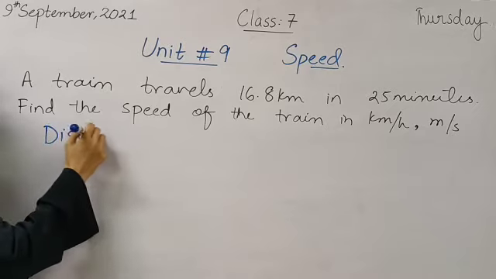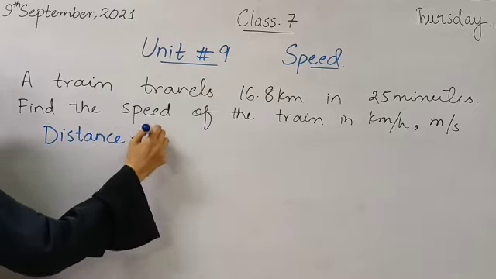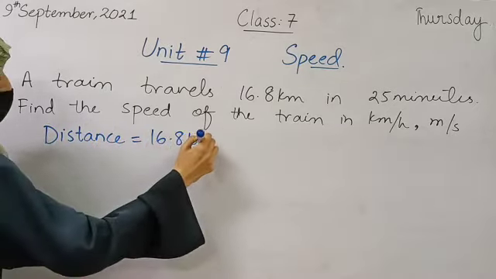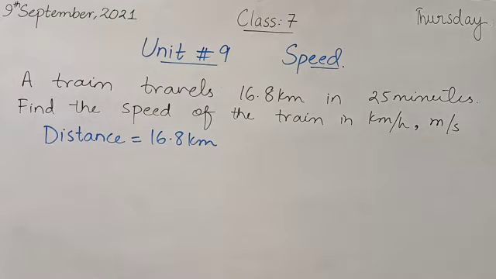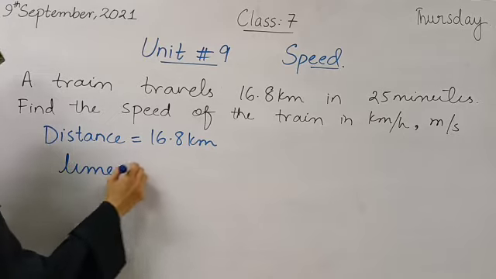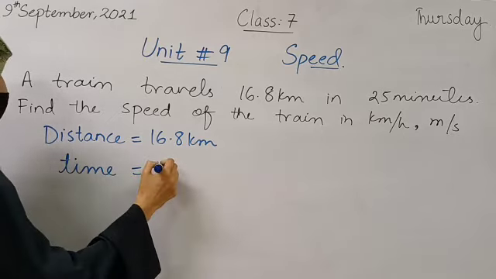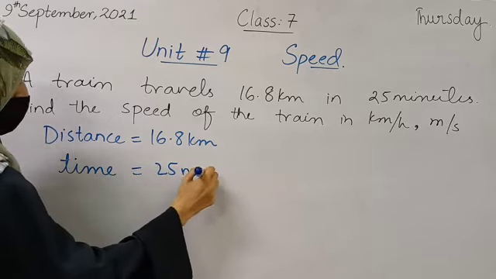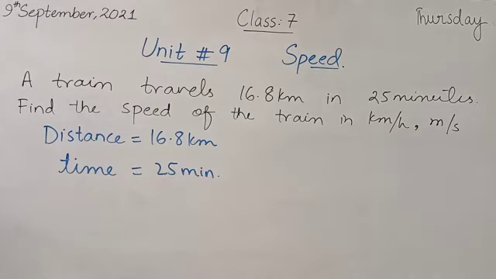Distance is 16.8 kilometer. Okay? And what is the time? Time is 25 minutes. We want to find out the speed of the train in kilometer per hour.